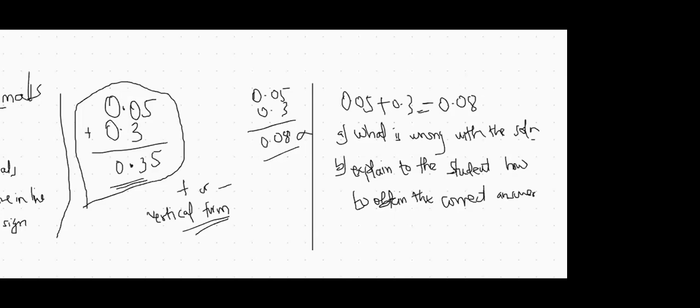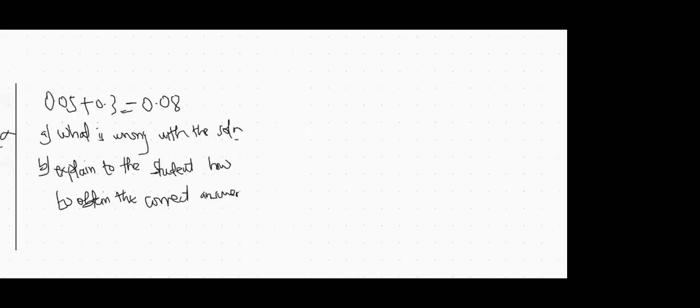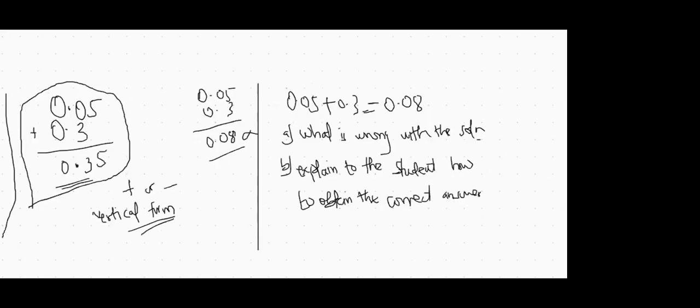Can someone explain it? Then we just close. Joseph, can you help? To get the right answer, you must arrange the decimals in vertical form, in the sense that the decimals will be at their rightful positions or places. Then you solve it.